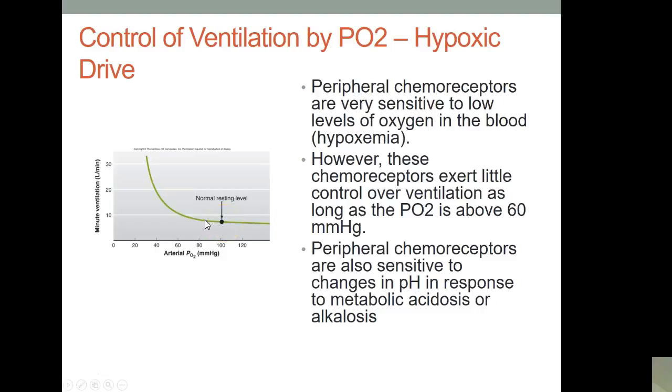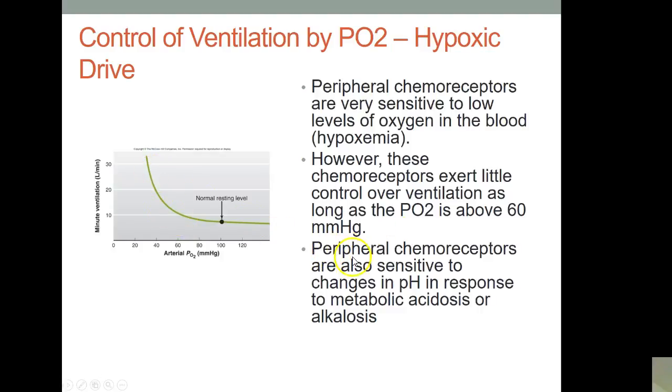And your PO2 has to drop below about 60 before we see a real increase in ventilation. So on a breath-to-breath basis, hypoxic drive in a normal healthy individual is not very important. However, if oxygen levels should drop below 60, you will have a very large response. This can be seen by the curve here.